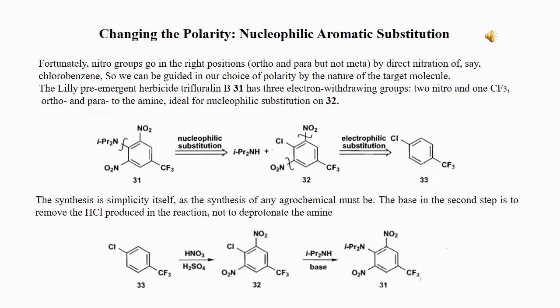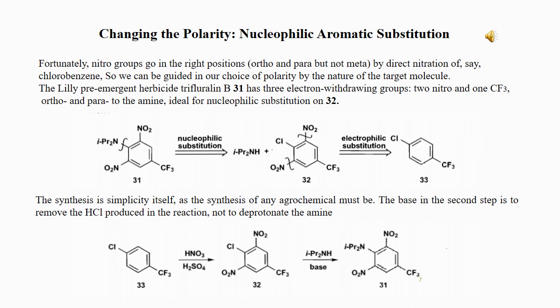The synthesis is simply the nitration of 33. HCl is not produced in this nitration step, where nitro is substituted over here. HCl is produced in the next step.